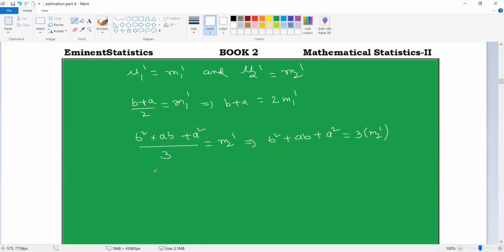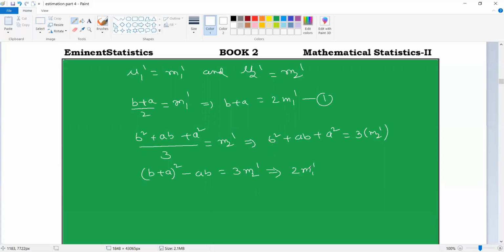Now, b plus a whole square minus ab is equal to 3 m2 dash. From equation 1, b plus a is equal to 2m1 dash.